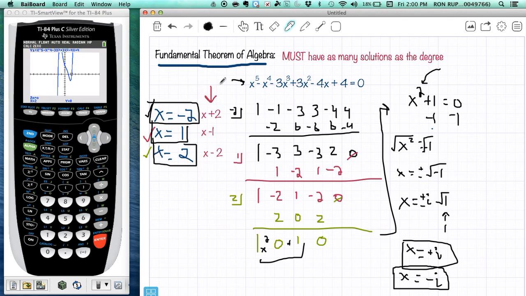So that is how this whole unit ties together. Factoring to solve for zeros, graphing and looking at x-intercepts to solve for zeros, using synthetic division and zeros together to get to a polynomial that will allow us to solve for the zeros that don't show up on the calculator. So I know this might seem a little confusing, but that's what all of this is for, is to find the solutions to polynomials.